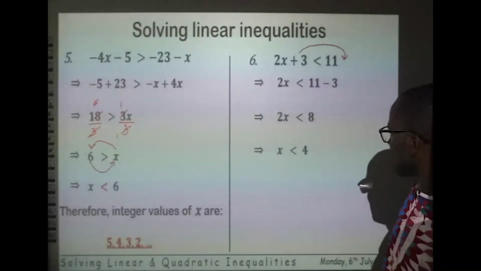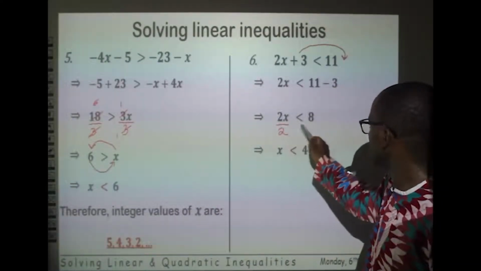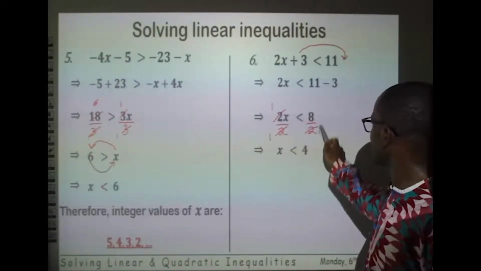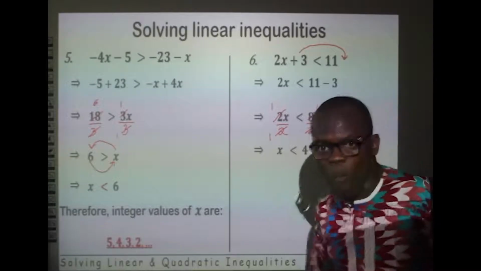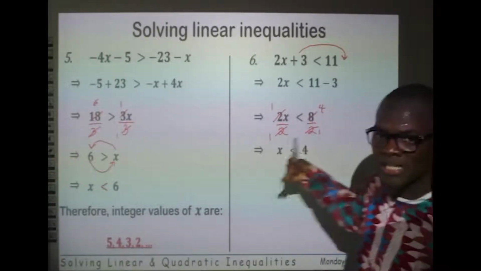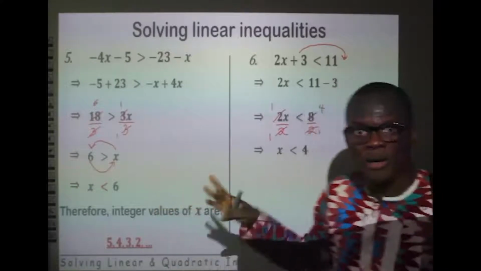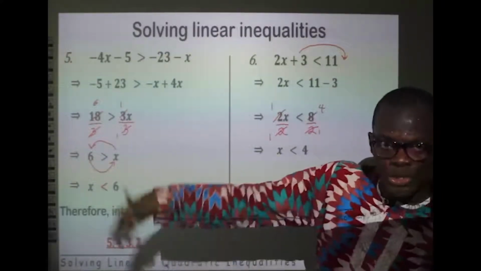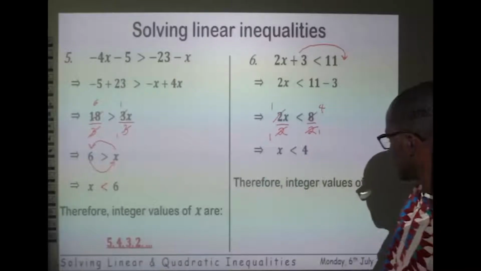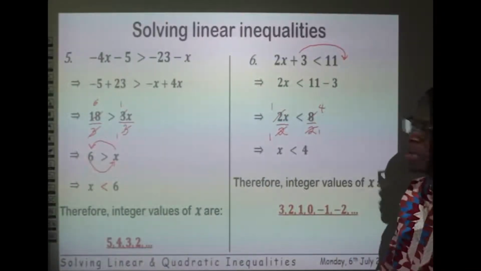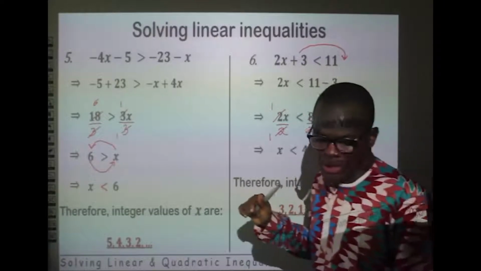When you divide both sides by 2, x is less than 4. Exactly. And of course, if x is less than 4, what are the possible integer values of x? 3, 2, 1, 0, minus 1, minus 2, and so on. Okay, so far so good. Now the last question.